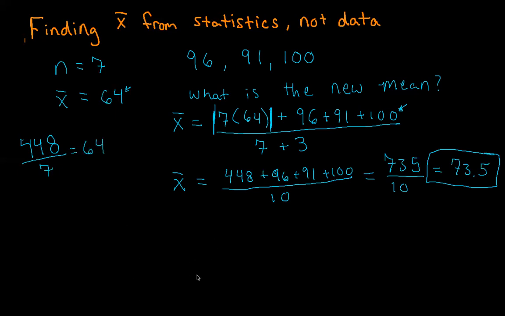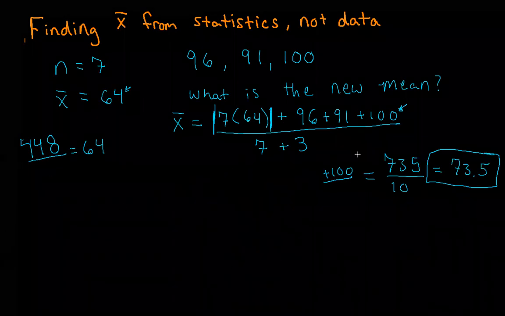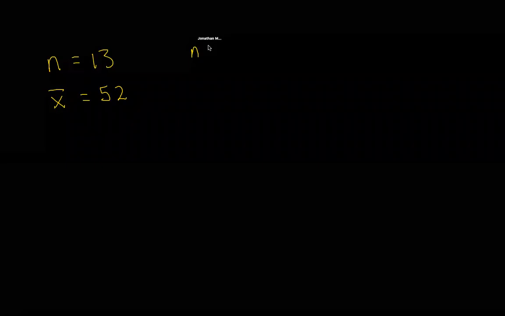If you want to practice, I can give you just one more quick example. We can do something without even any context. So let's have maybe 13 observations with an average of like 52. And then we can combine a new set of observations.